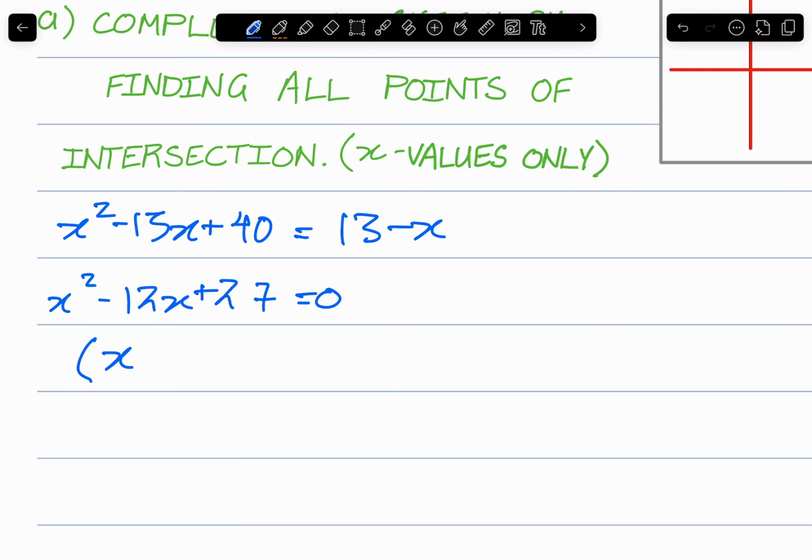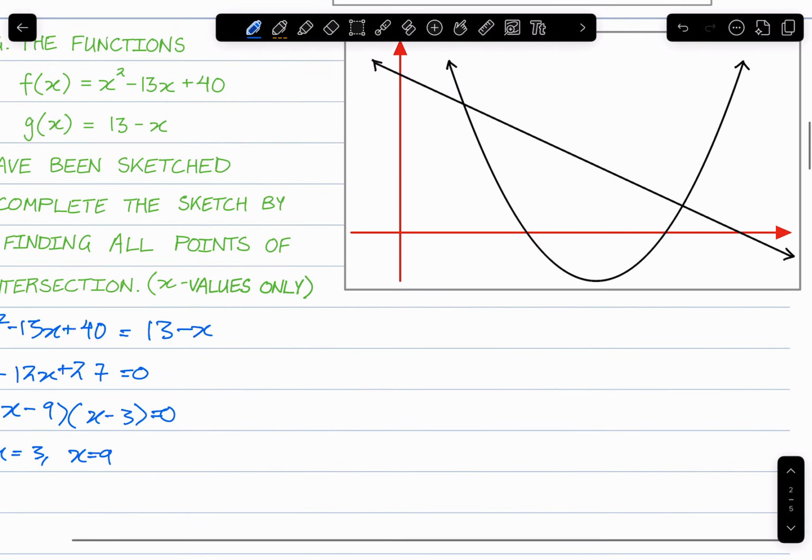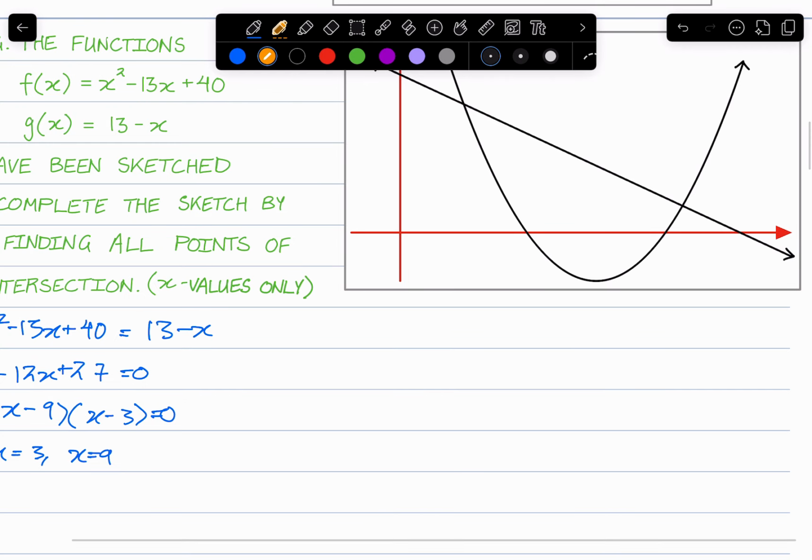This will factor into (x minus 9)(x minus 3) equals 0. So we get x equals 3, x equals 9. So already we can sketch these two portions. That's going to be 3 and 9.